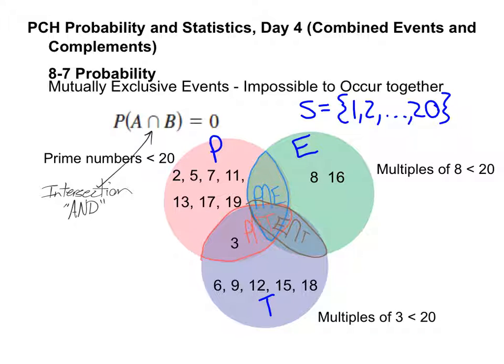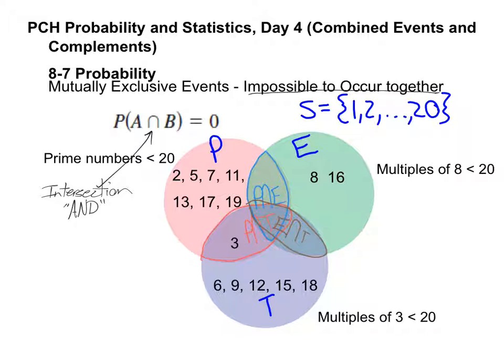Now, the concept I want to revisit is a term that we briefly described at the beginning in our introduction to counting and probability, and that was mutually exclusive events. We said earlier that mutually exclusive events are events that are impossible to have happen at the same time.